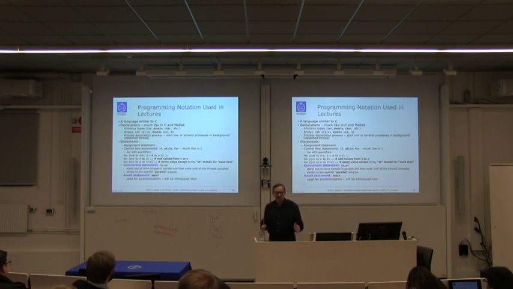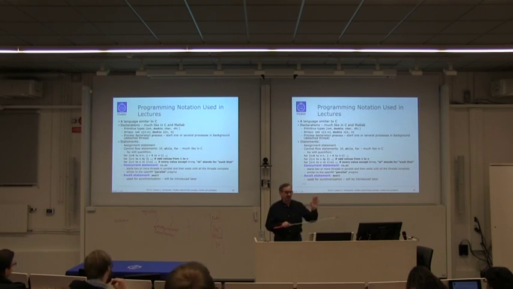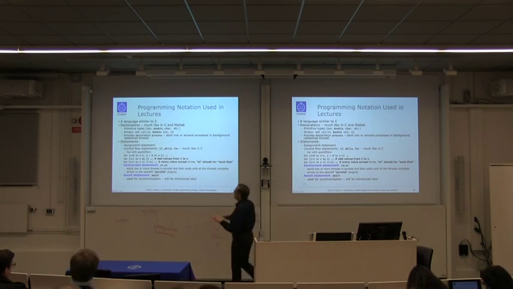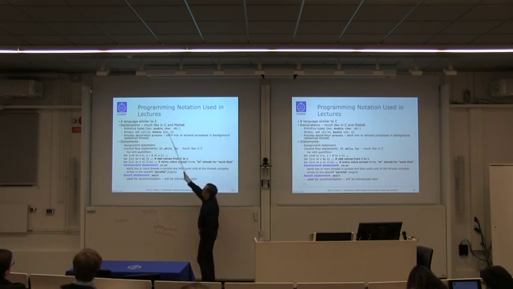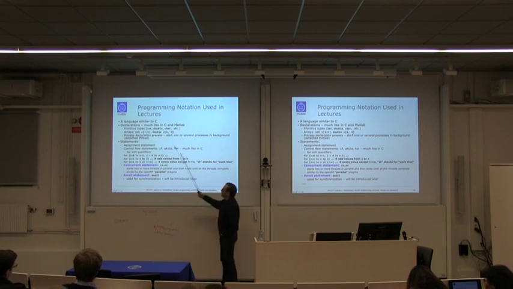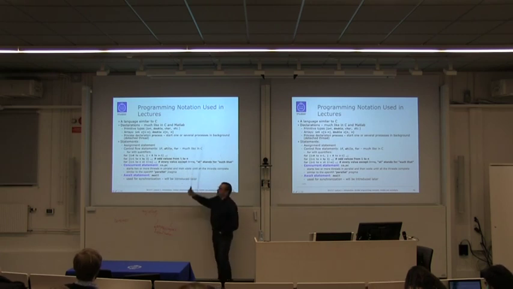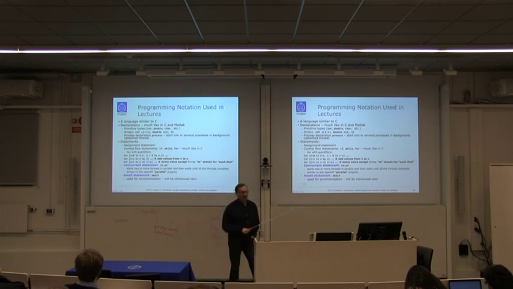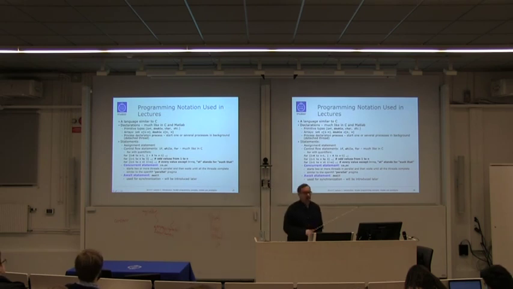But in examples, I will be using a hypothetical language, which is very similar to C, and there will be duality between these languages and the OpenMP dialect of C. So I'll be using declarations with some types, integers and characters and so forth, arrays. I will be using the keyword process to declare a detached thread or process.